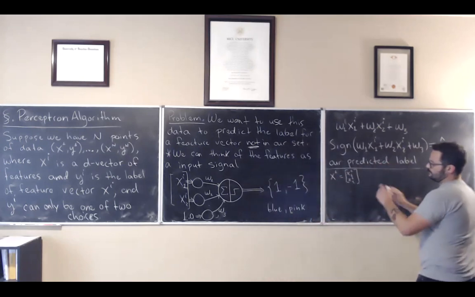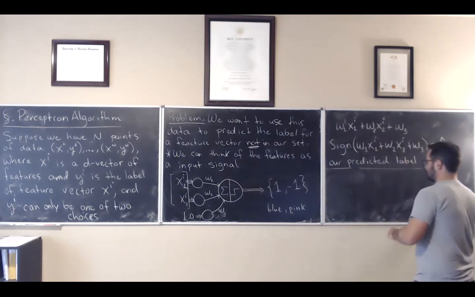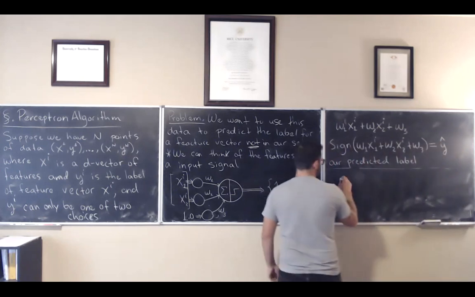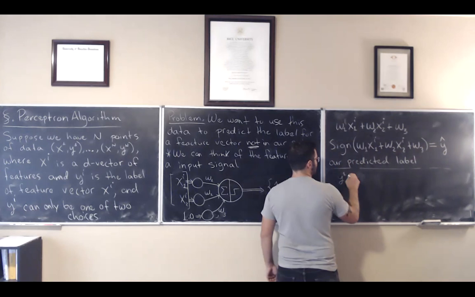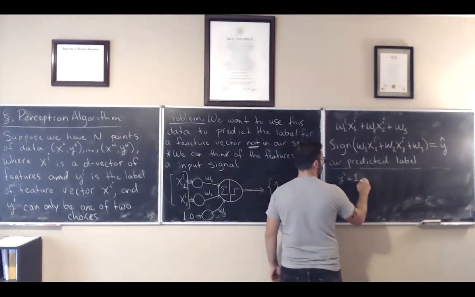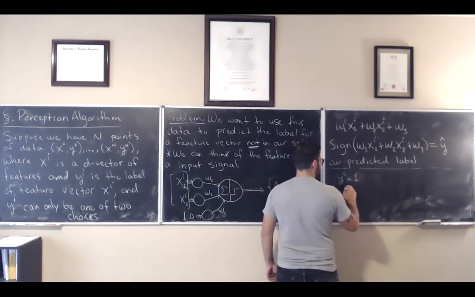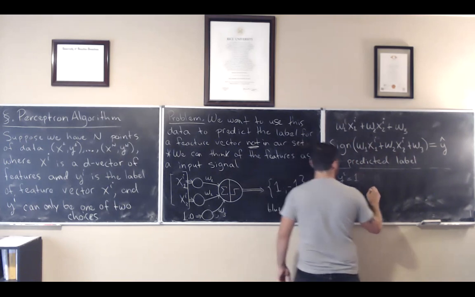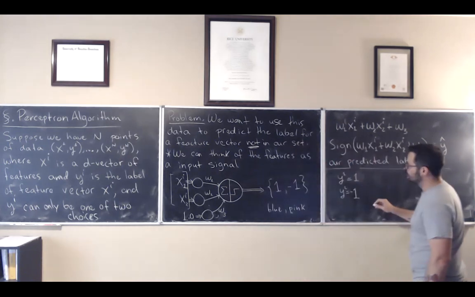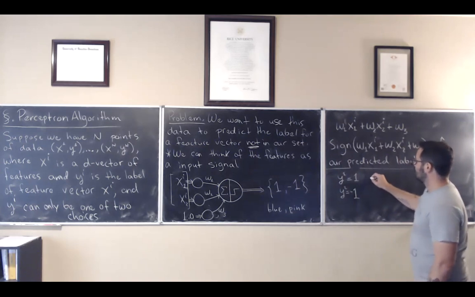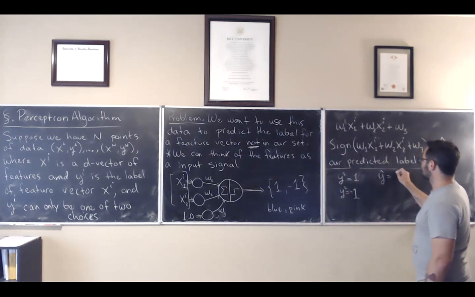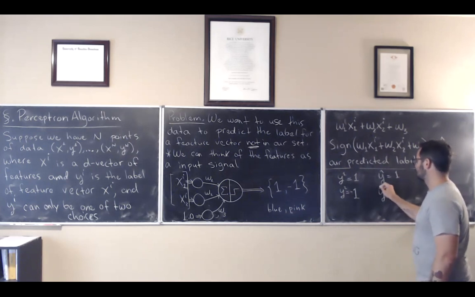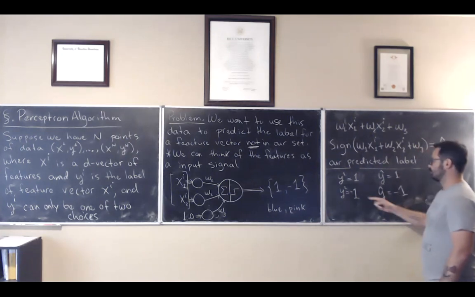Well, actually, that's going to take too much notation. I would say if y1 was equal to positive 1 and y2 was equal to negative 1, our hope would be that we would predict a 1 and we would predict a negative 1 for that input.